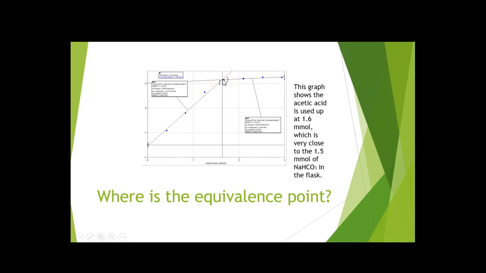And that we call the equivalence point. The acetic acid is completely used up by 1.6 millimoles. That's very close to the 1.5 millimoles of sodium hydrogen carbonate that we originally put into the flask. This confirms the 1.0 ratio of millimoles of acetic acid to sodium hydrogen carbonate that is shown in the equation.